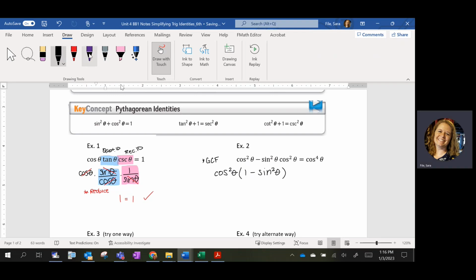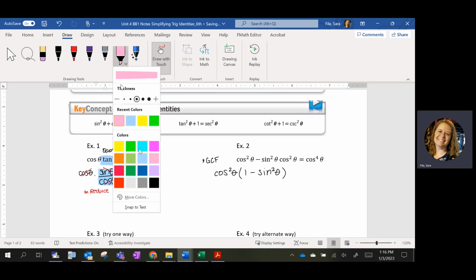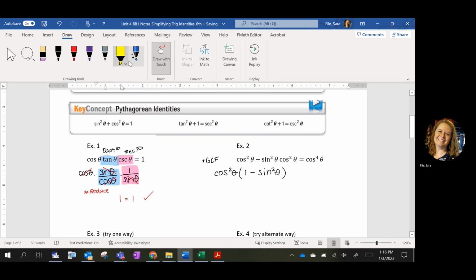So now, does that ring a bell or look like anything? Yeah, this is going to be a version of one of these Pythagorean identities. Which one? If I rearrange this so that it's 1 minus sine squared, what's it equivalent to?